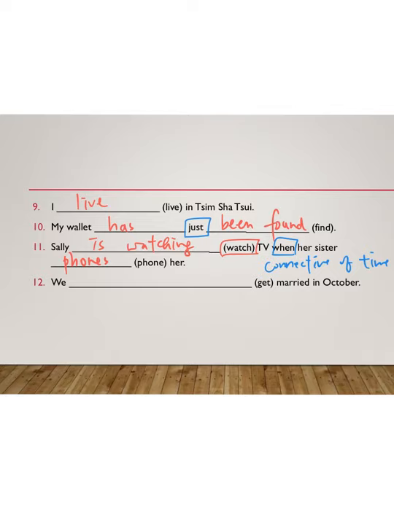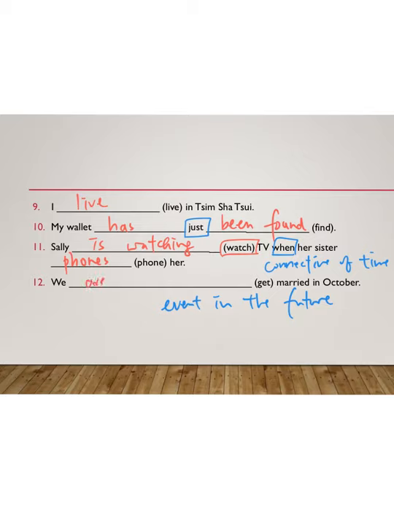Okay, so for number 12, this is something that will happen in the future. So if we are referring to an event in the future, besides using simple future tense, we can also use present continuous tense.